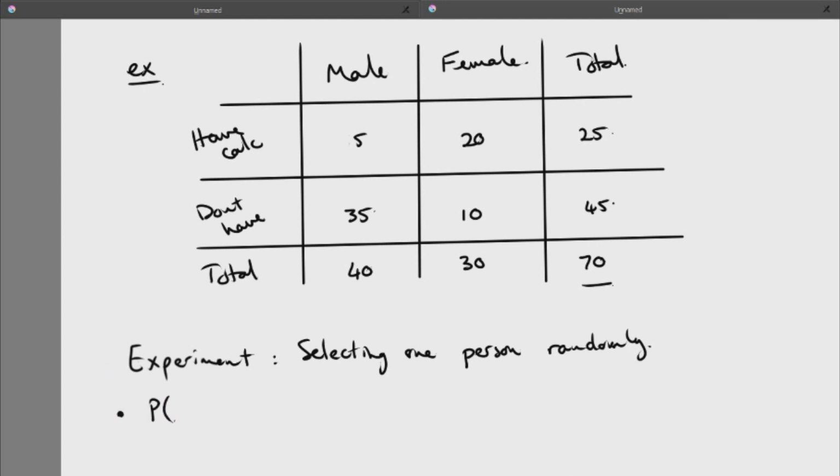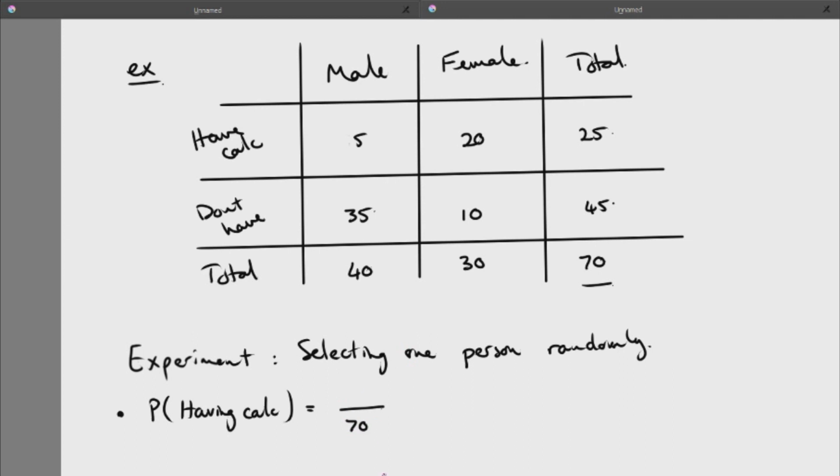So I'm just selecting one person from this group, and then I can ask different things like, does the person have a calculator? So the probability of having a calculator is going to be a fraction, the number of people that satisfy that restriction, over all the people with no restriction. Well, there are 70 people, so the 70 has to go in the bottom.